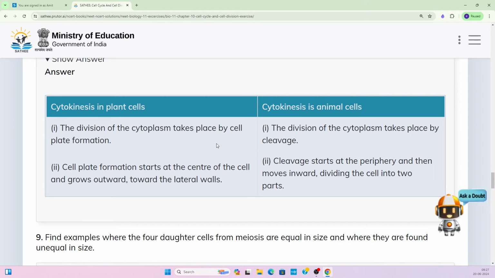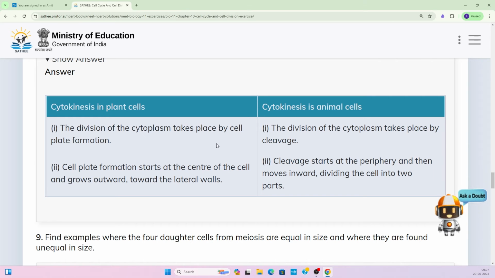At the site where the nucleus division, or karyokinesis, has taken place, there is a cell plate formation in the cytoplasm itself. So the division of the cytoplasm takes place by cell plate formation. Now how does it happen in the animal cell?